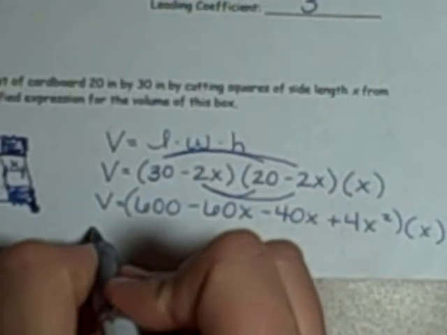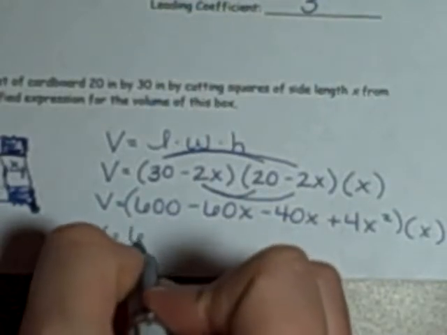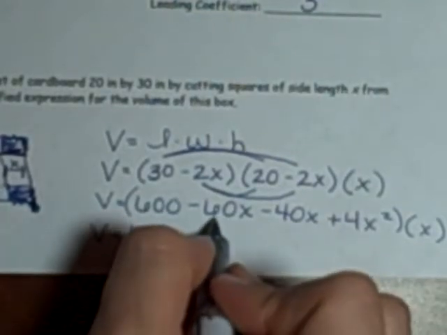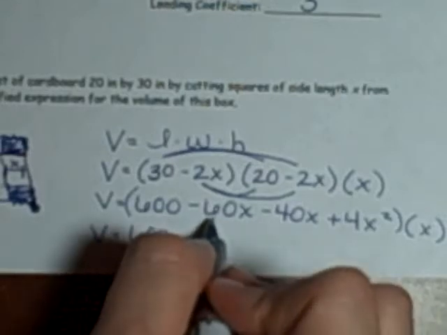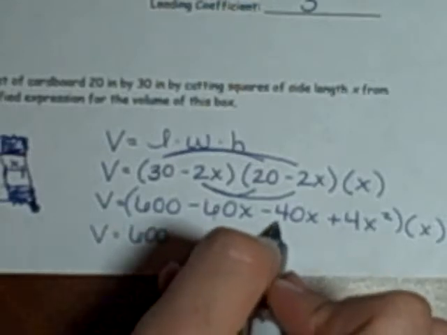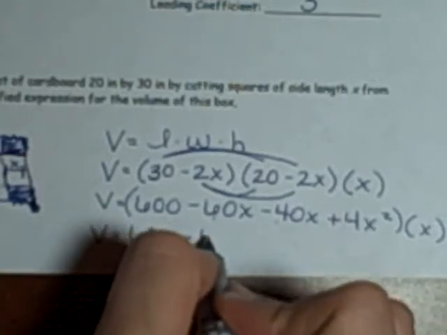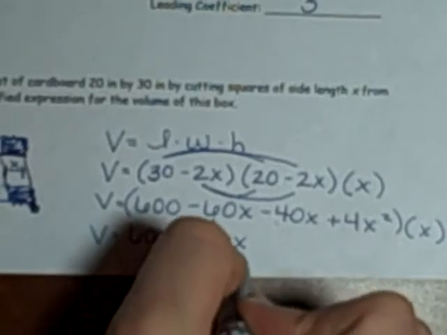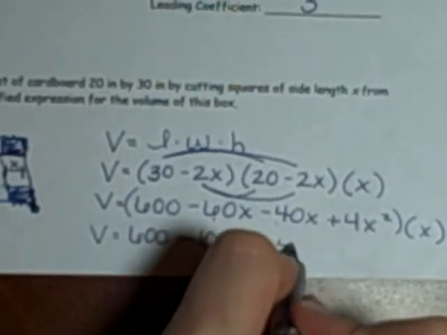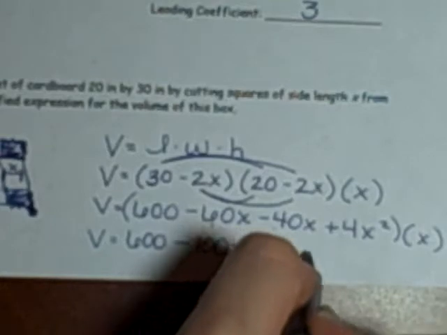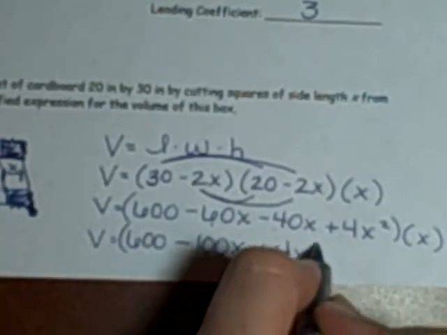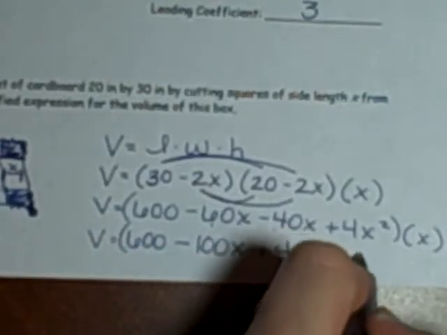So I'm going to say that my volume is 600. Negative 60 minus 40, or you could think of this as negative 60 plus negative 40. Either way, it gives you negative 100x, and then plus 4x squared. Still have my lonely x down there.